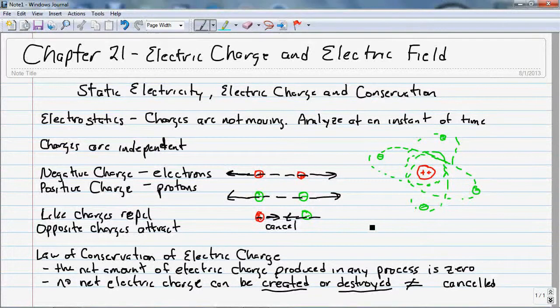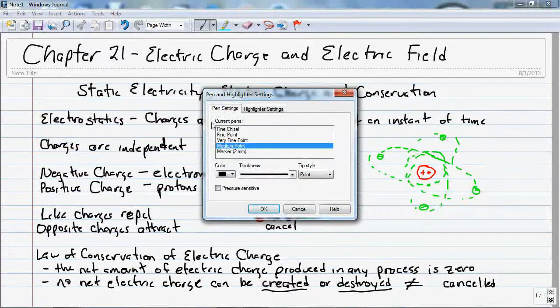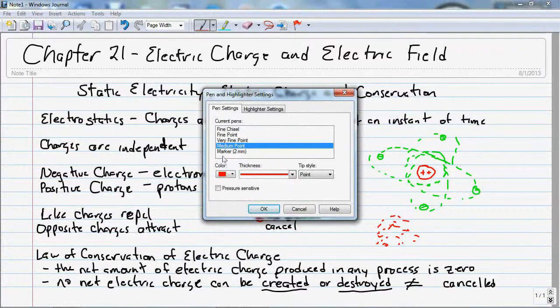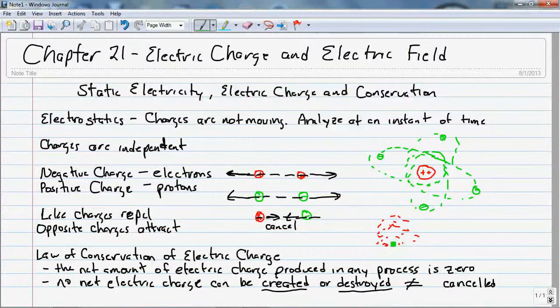But it doesn't really, because if I take a look at, and I'm just going to do little blips here, say I have a bunch of positive charges and interspersed inside I have a bunch of negative charges.